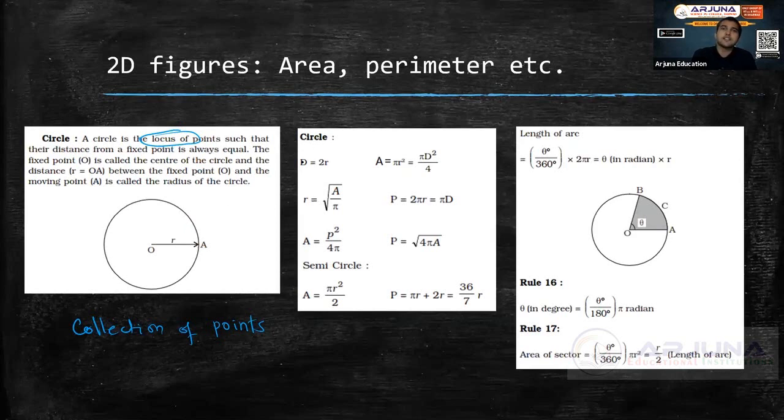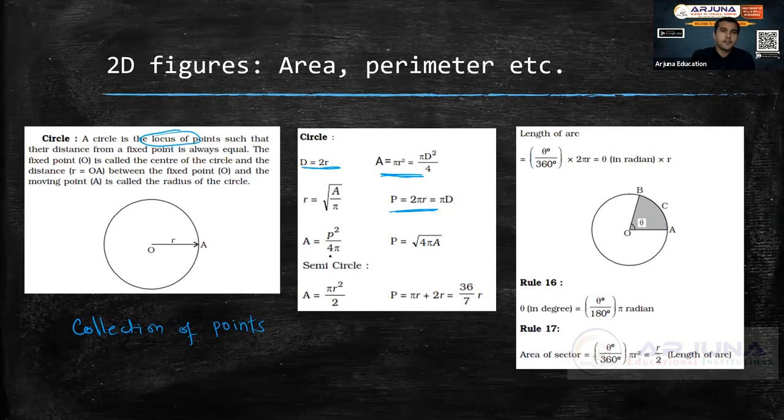Now, what all things are there? Diameter of a circle is 2 times radius. Area of the circle, you know, area equals pi r square. Perimeter or circumference, what we use is circumference for a circle, that's 2 pi r.